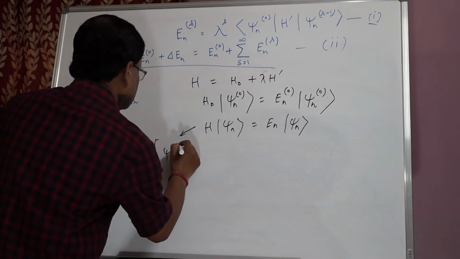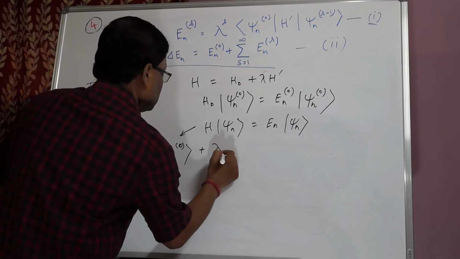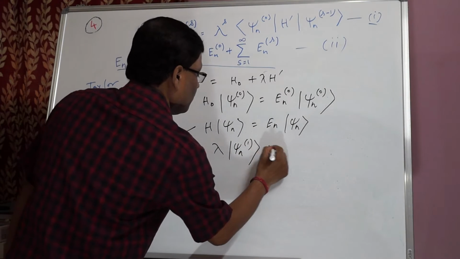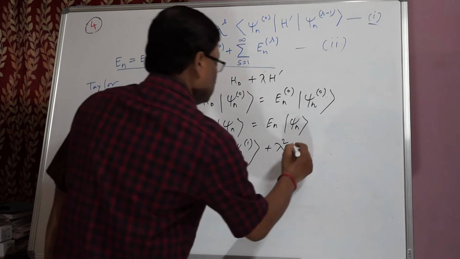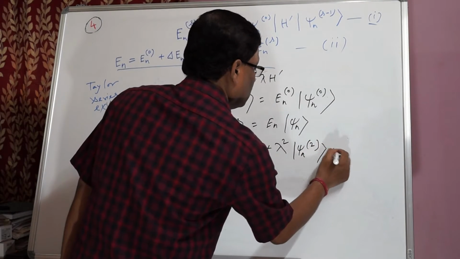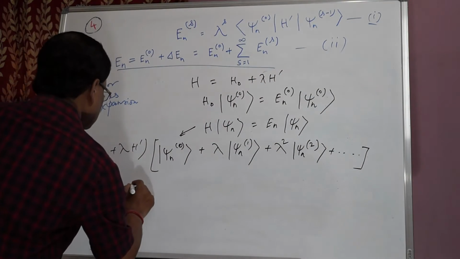So I can use psi n0 plus lambda psi n1 plus lambda squared psi n2 and so on, equal to.